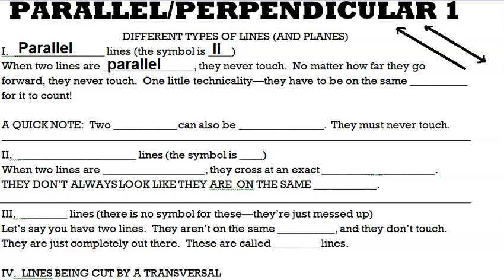They have to be on the same plane for it to count. So that's the picture I'm going to go with. Now, a lot of times, in order to designate on a picture that two lines are parallel, we will just put one extra little arrow there. And then since these two lines have the same marking, looks kind of like an arrow, that means they are parallel.